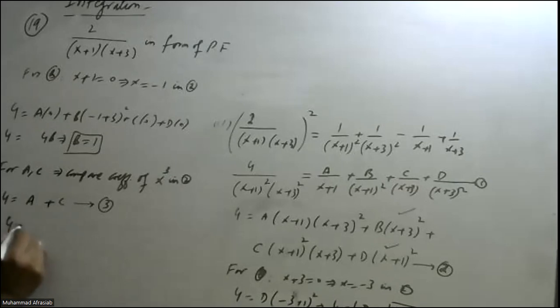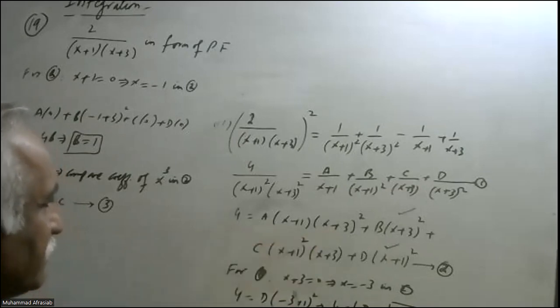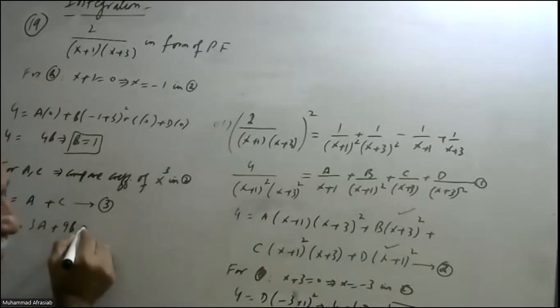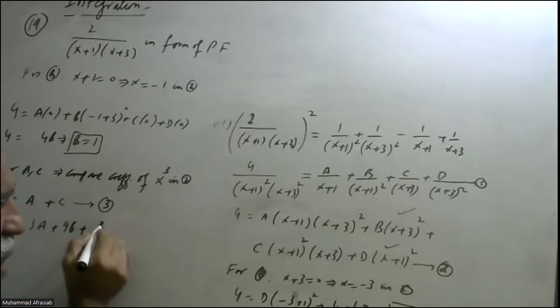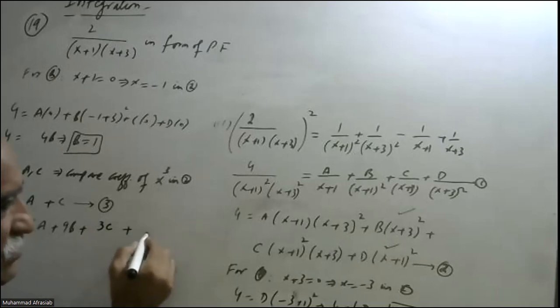So here constant is 4. This loss is 3 plus 9b plus 3c plus d.